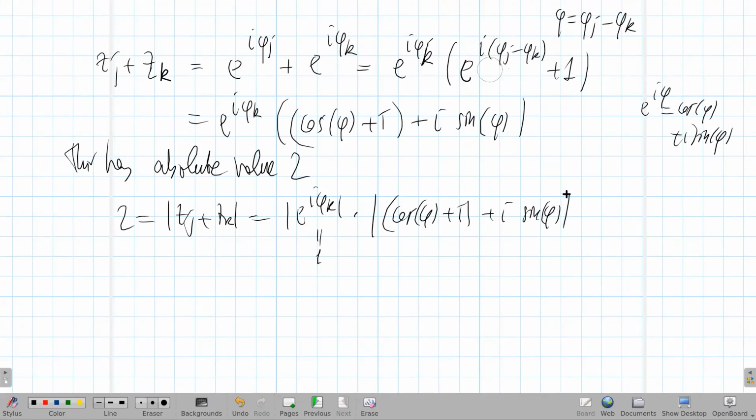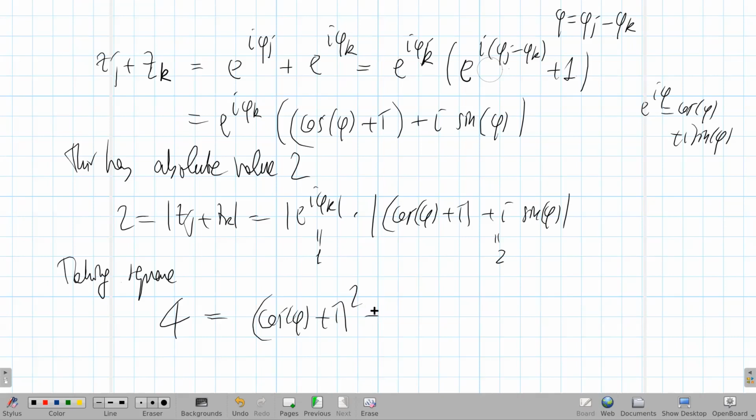So this is absolute value 2. For simplicity, we take squares, the square of the absolute value. Taking squares, you have that 4 equals (cos phi plus 1) squared plus sin phi squared, because otherwise I would have to take a square root.